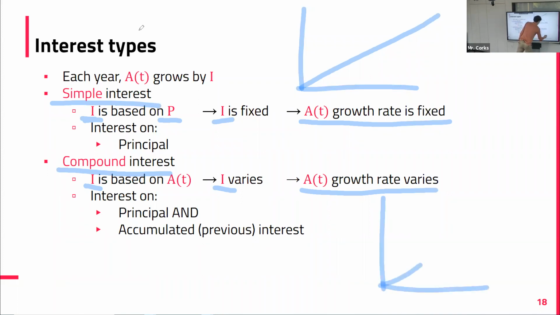If we had this on a graph, it would curve upward. So with compound interest, we pay interest on the principal plus all the previous interest that was gathered. So the interest from 2 years ago and from 1 year ago gets added to the total amount, and we have to pay even more interest on all of that also. So those are the two basic types. We'll go through a little exploration of what this does with the numbers, and then we'll look at the formulas.